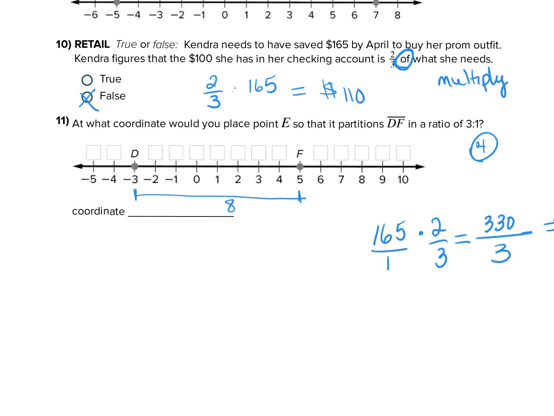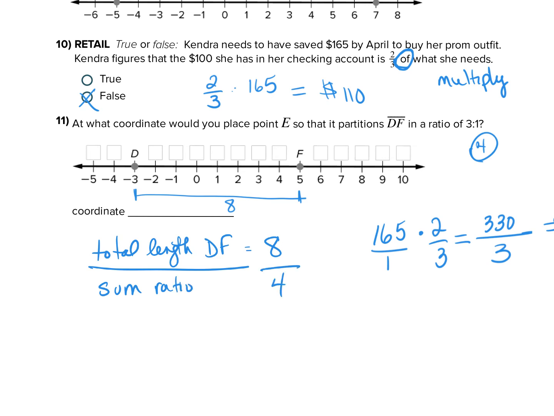Okay. So if I take the total length of DF, which is 8, and the sum of the ratio, which is 4, of course, the sum of the ratio also tells me the number of congruent parts to divide DF into.